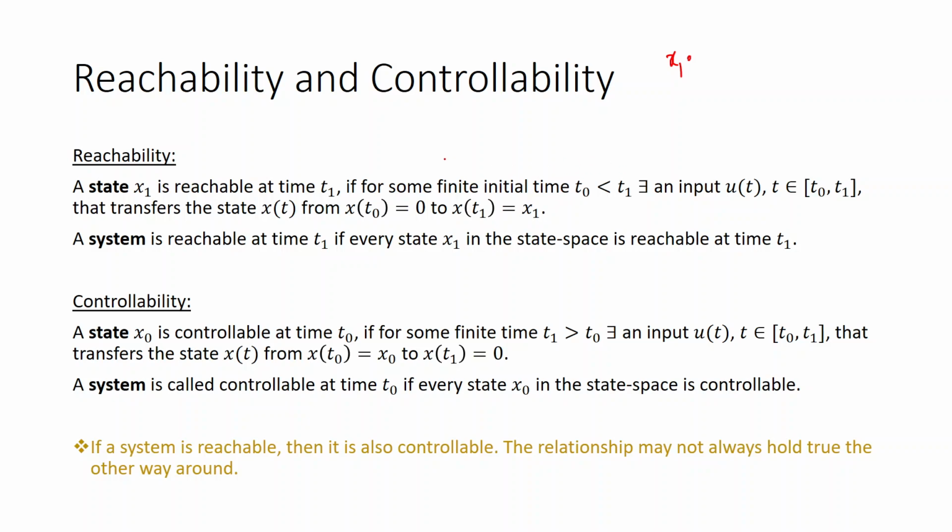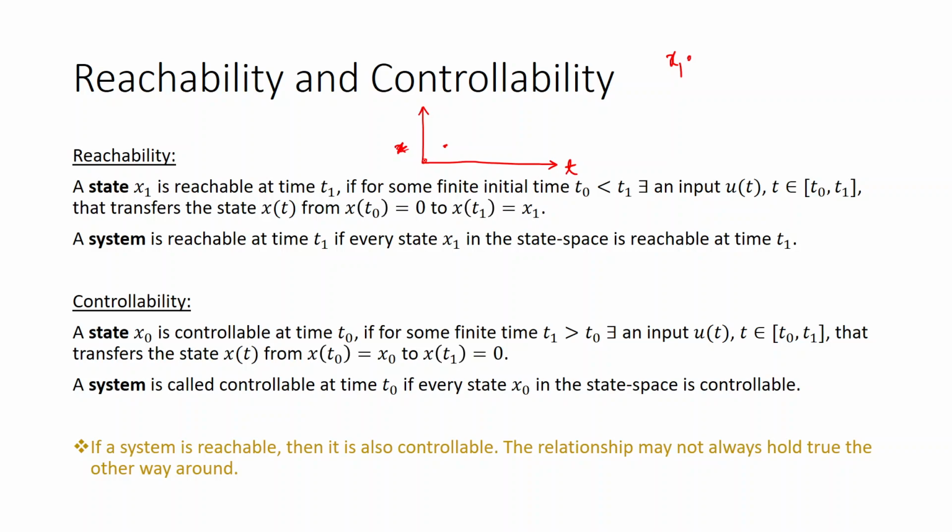So you start, it's like you have a time axis here, and maybe it's a scalar. If it's a scalar, then you are trying to reach from some initial state x(t0), which is 0 here actually.